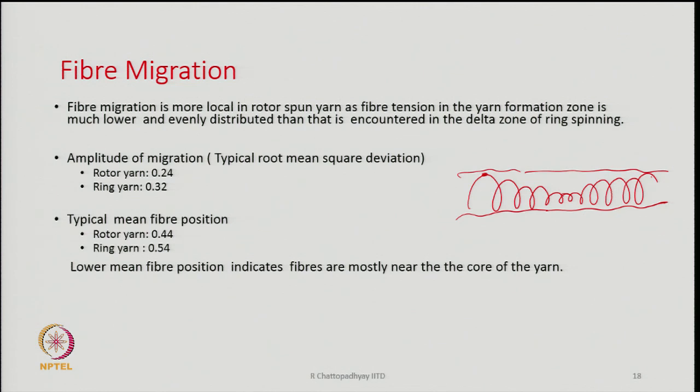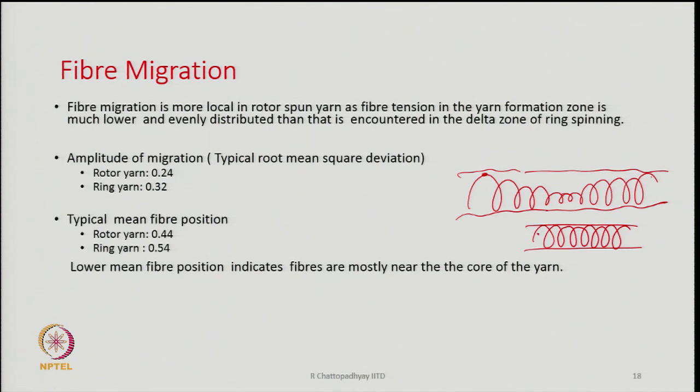This migration is important because without this there will be no strength in the yarn, the fibers will simply slip. Suppose I only have fibers like this, following a spiral path, but there is no change in the radial position of the fiber.